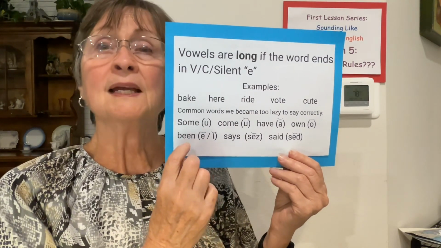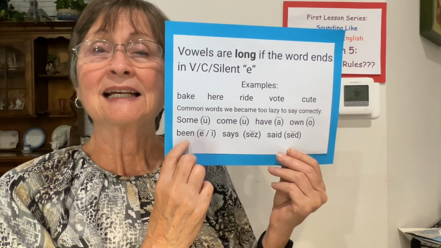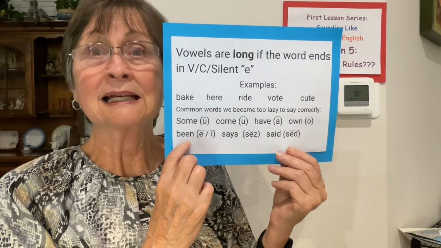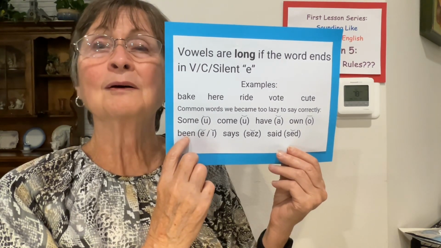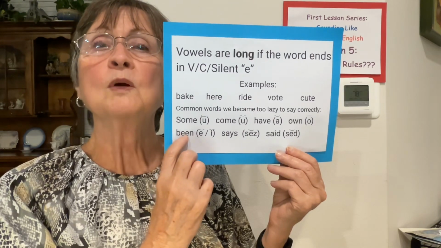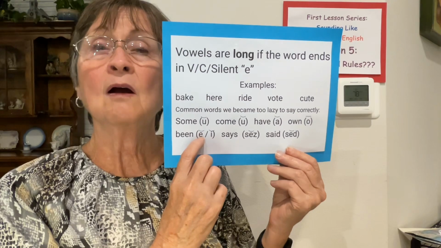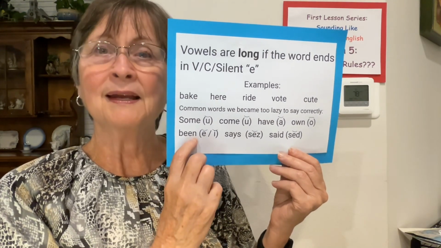The word been, it should be "bean." But it's not "bean." It used to be "bean." But because when you're going from an E to an N, you're going to go in anyway, we just made it either a short E, "ben," or even a short I, "bin."